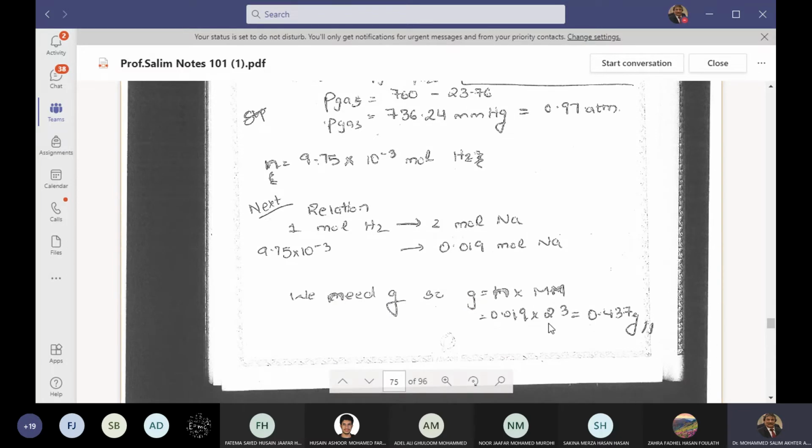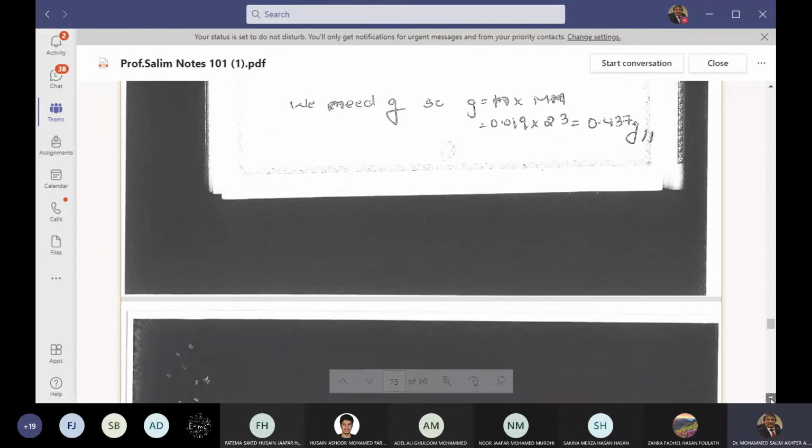Why did I multiply by 23? The molar mass of sodium. Now, my friend, I will go back. So don't forget this.